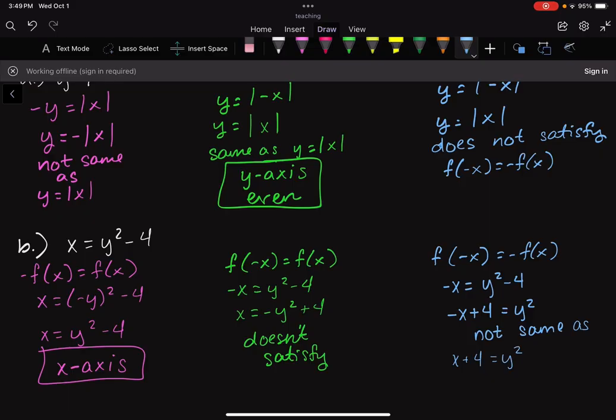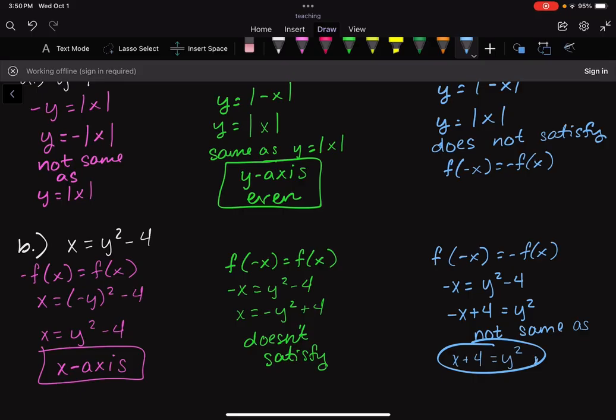Let me explain this better. Let me restart this explanation. What I'm doing right now is I'm trying to get the y by itself since this is an f of x function. Now I don't necessarily want to take the square root because sometimes that can mess with the signs, but I'm just trying to get the y mostly alone. So if I take my original and I get the y mostly alone, I get this.